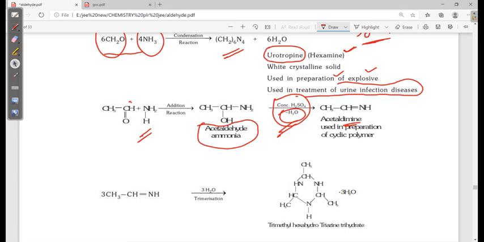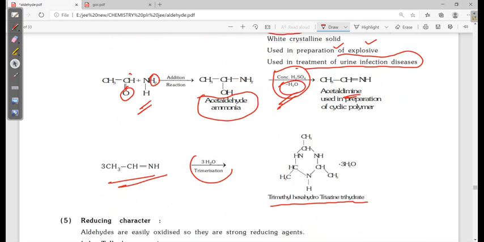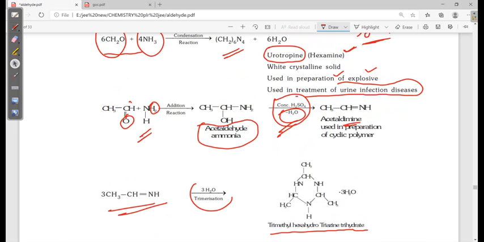You can directly remove this oxygen and H2. It forms like that. Then 3 moles of this imine trimerize, forming trimethylhexahydrotriazine trihydrate. Next, reducing character we can discuss later. These are the reactions given only by aldehydes.